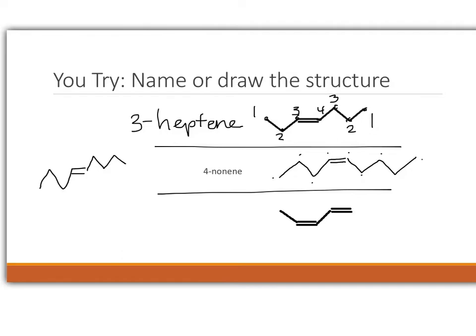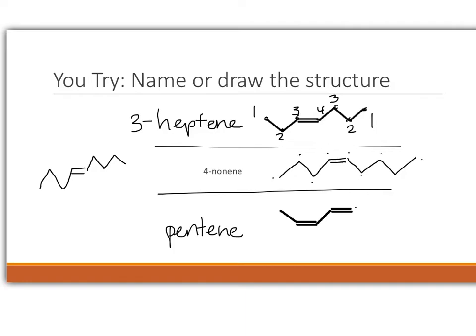The last one. So here we have 2 double bonds. Okay, so I know we haven't talked about this yet, so if you weren't sure what to do, no big deal. But first off, count your carbons. I've got 1, 2, 3, 4, 5. So that's going to be a pentene, because I have double bonds.